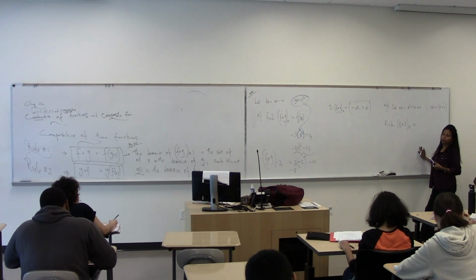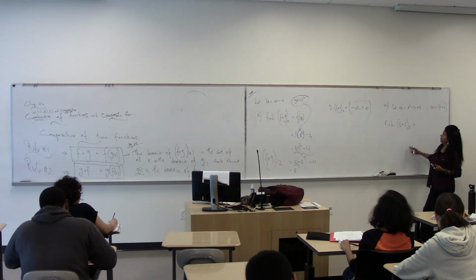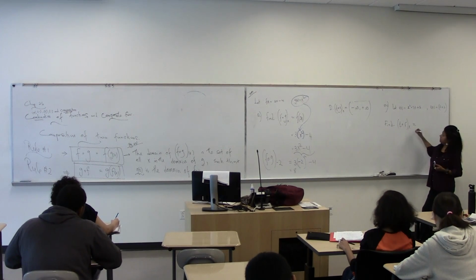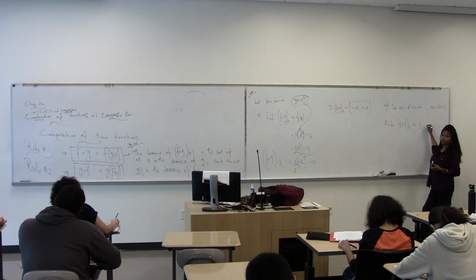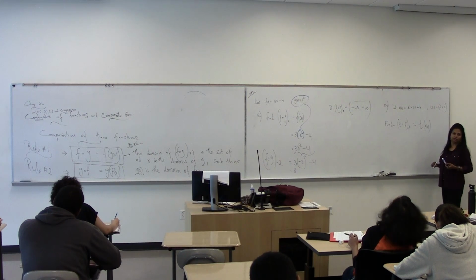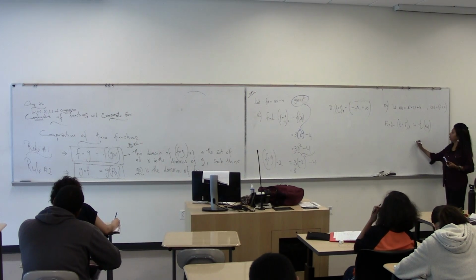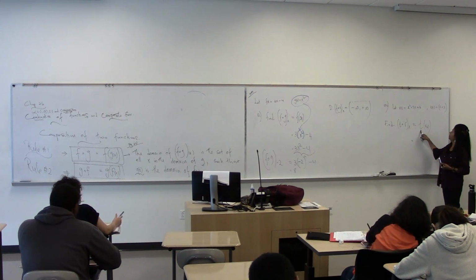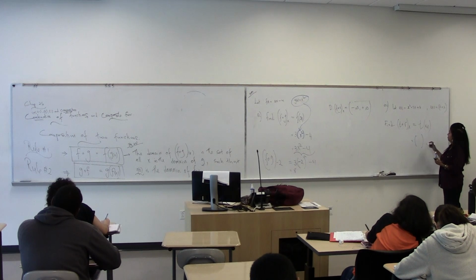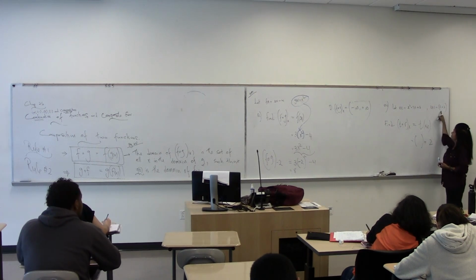T composition r of x. What do I need to do? You start with t. This means t of r of x. Easy. So now the next step is we work with t. The t function is x plus 2.